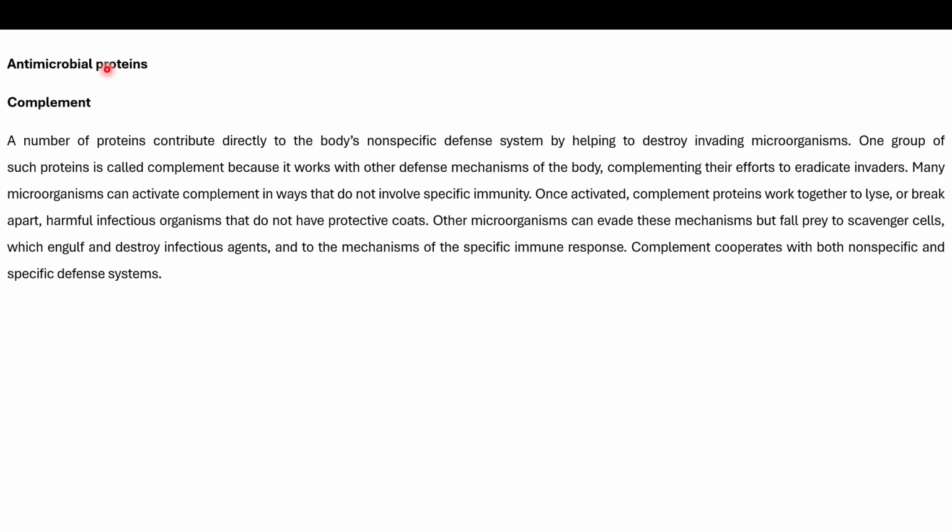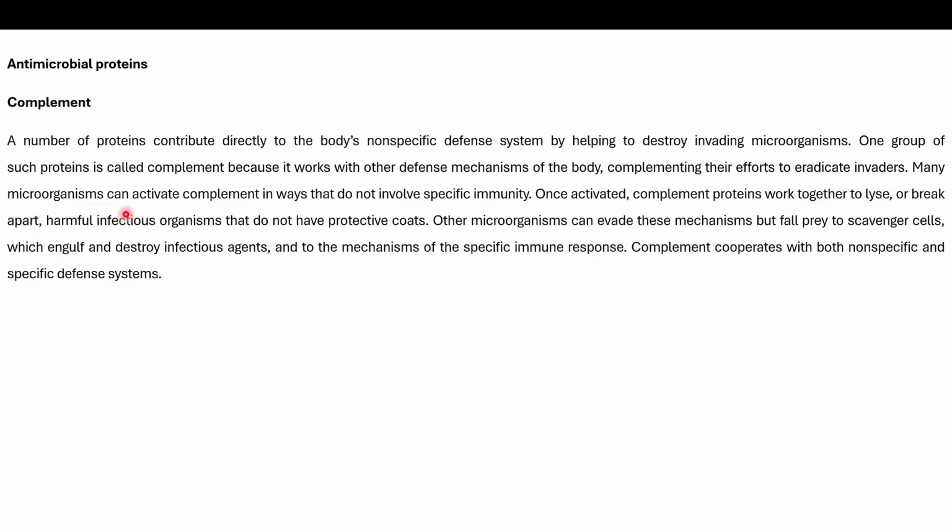Then there are antimicrobial proteins as well, which form the complement system. A number of proteins contribute directly to the body's non-specific defense system by helping to destroy invading microbes. One group of such proteins is the complement system, which works with other defense mechanisms of the body, complementing their efforts to fight the pathogens.